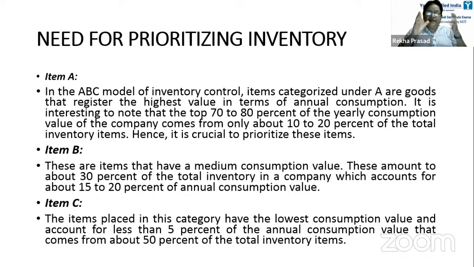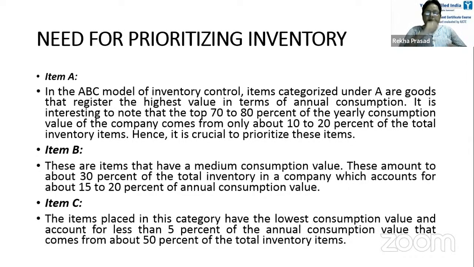But things, suppose you are using certain something which is very valuable, maybe quantity-wise they are small, but you cannot afford to lose them or to misplace them or to mishandle them. So you have to be more careful with these item A. Whichever things come under item A, you have to be very careful with them.